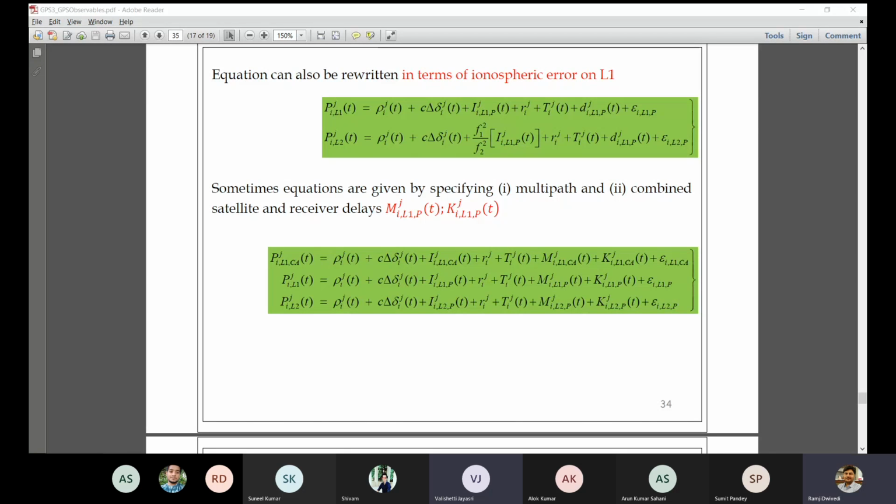Okay, I've received one from Alok. Others also, just send it in your chat box.